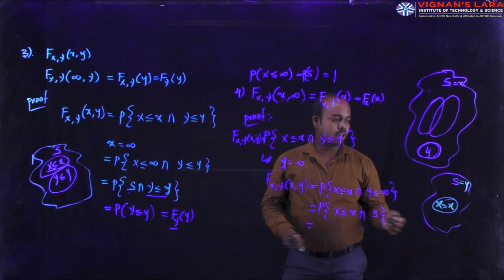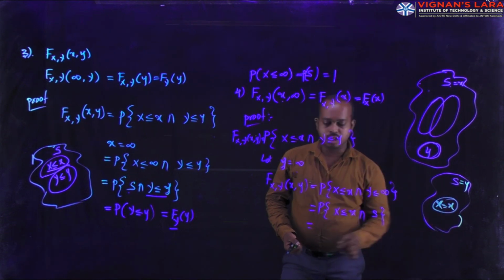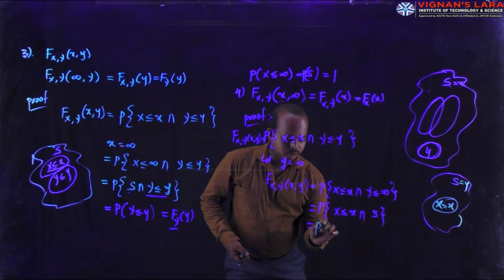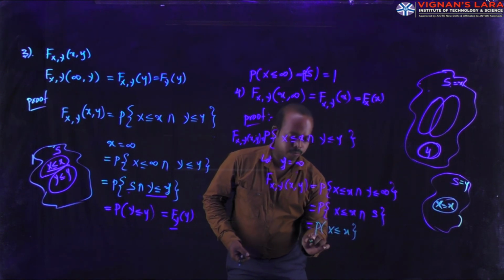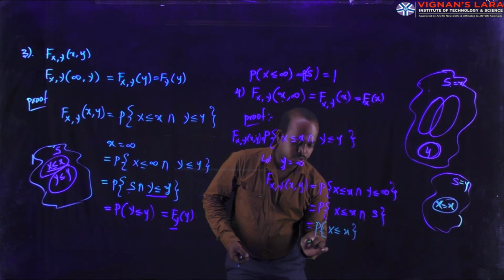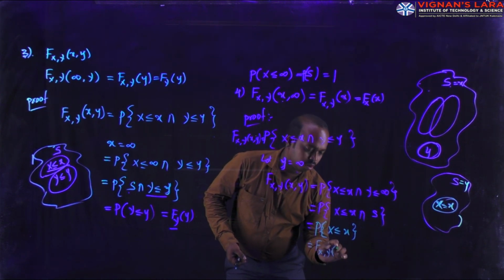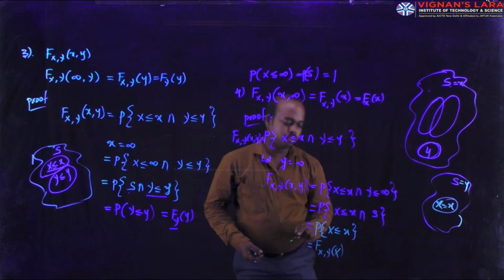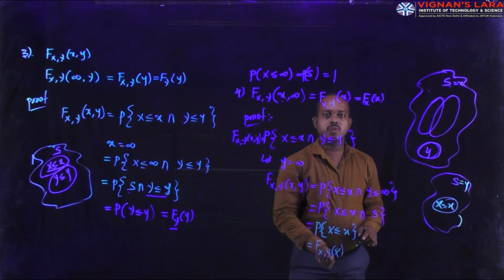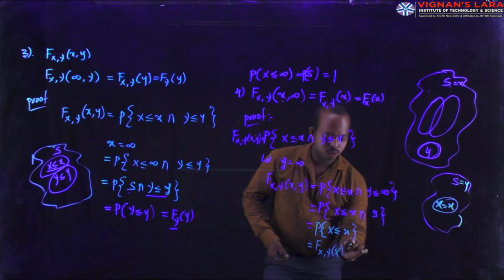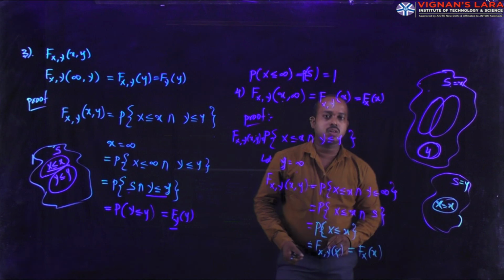From these two quantities, the common portion is capital X less than or equal to small x, written as the probability of capital X less than or equal to small x. This represents the distribution function of x. This is called the marginal distribution function of the random variable x, denoted by F of x.